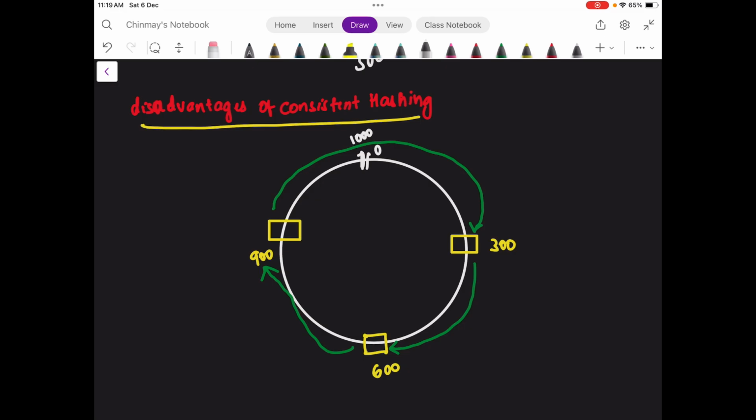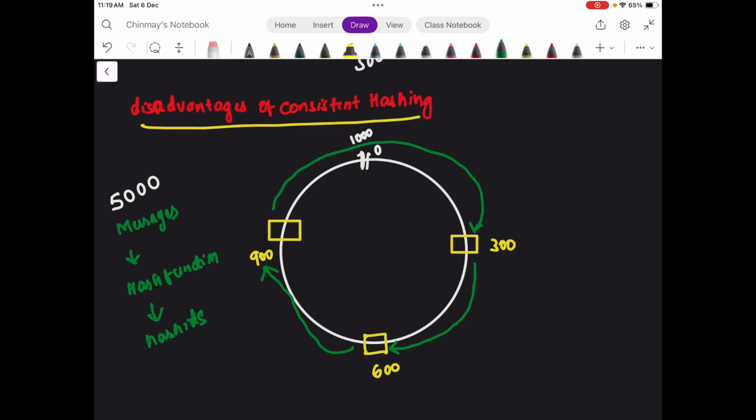Let's see what the disadvantage of this consistent hashing approach is. Suppose we have 5000 messages to distribute. Each message is sent through the hash function, which has a lower limit and an upper limit, and we get hash IDs.